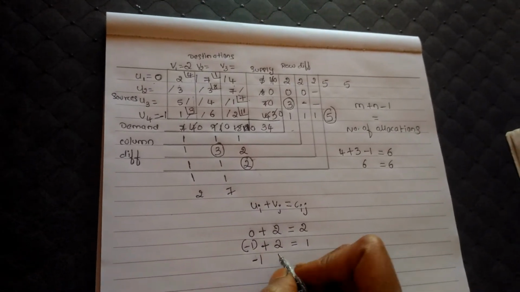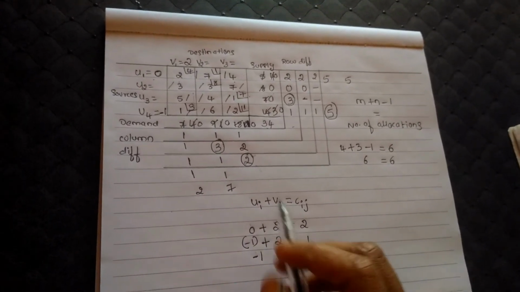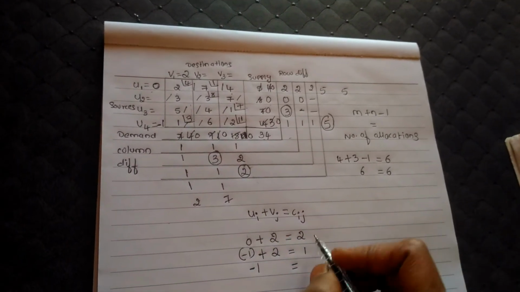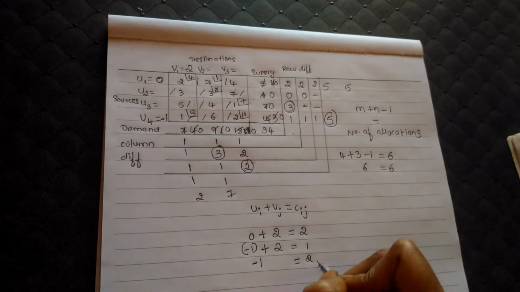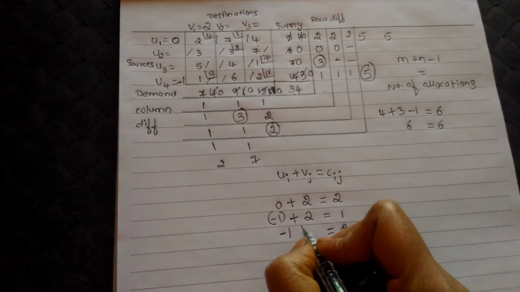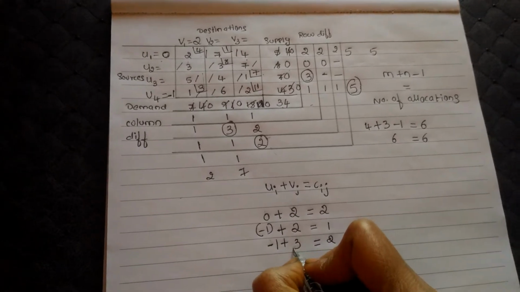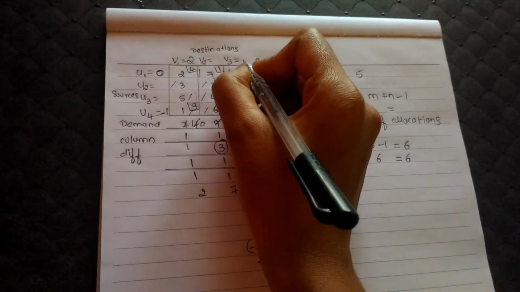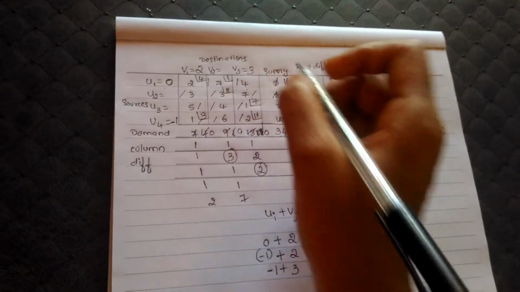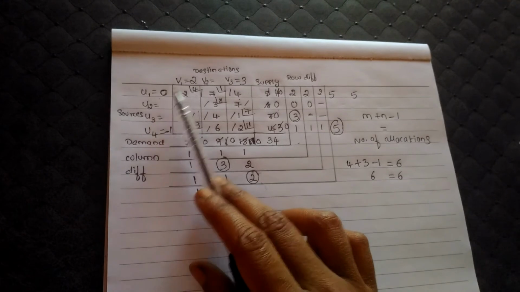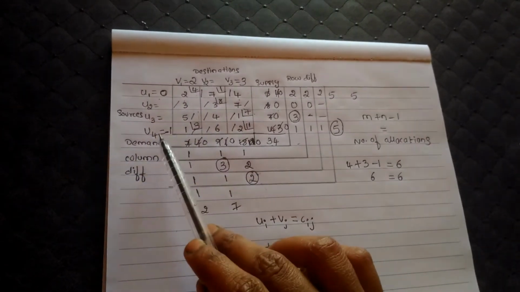Now what should I add for V3 to come up with the value 2? +3. -1 plus 3 will give me 2. So it is 3. Now I found out the values of U1, V3, V1, and U4.